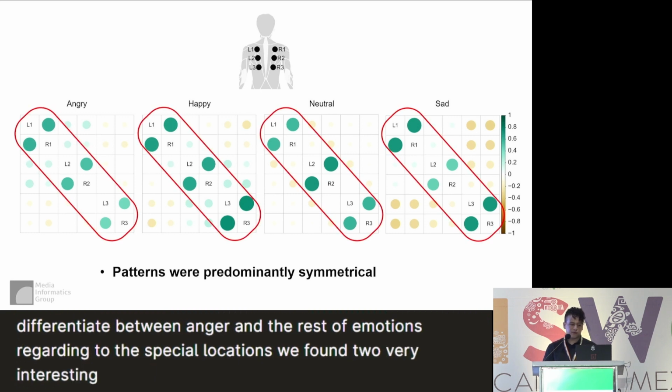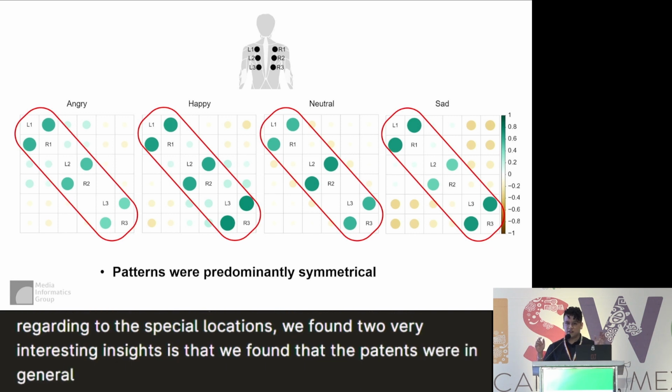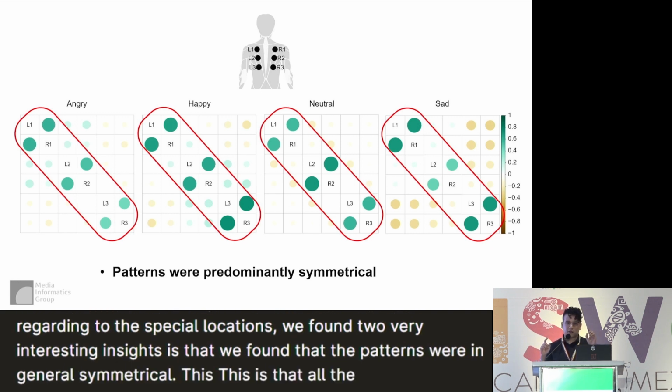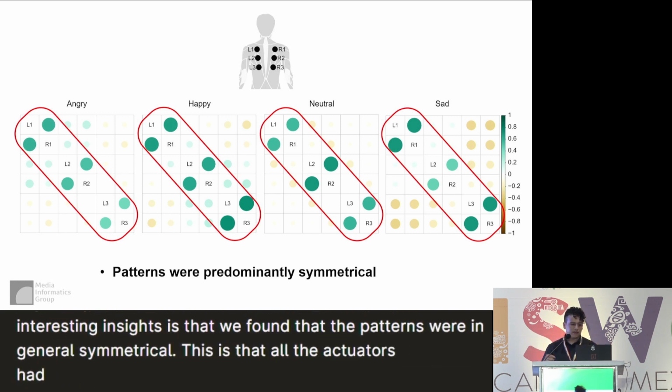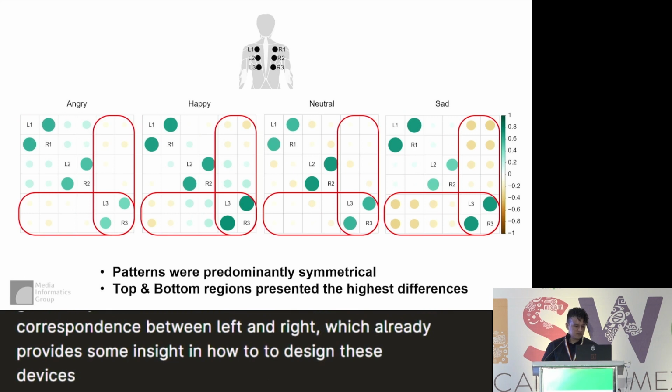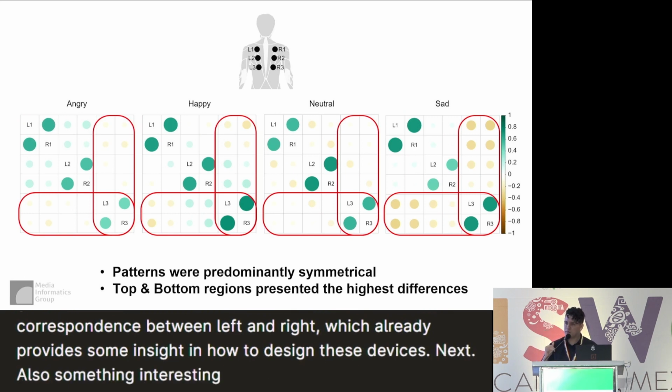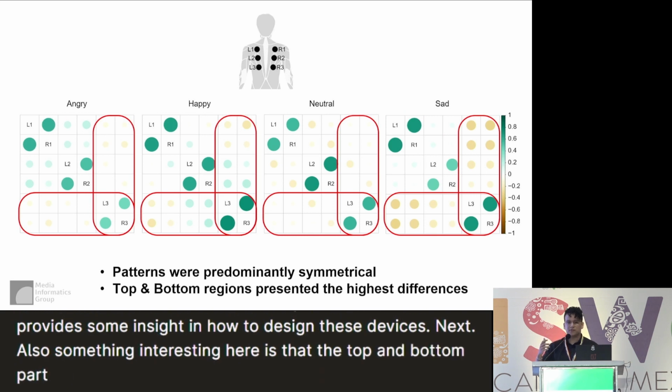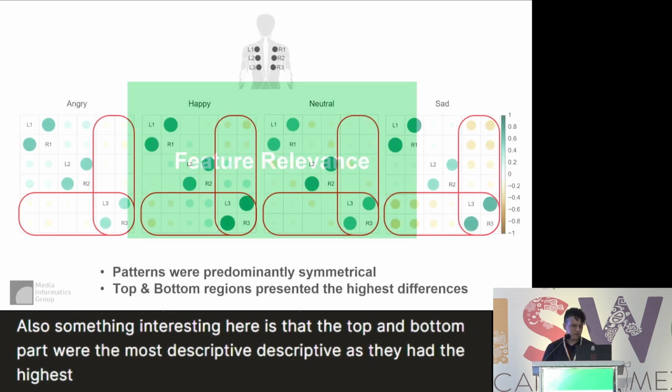One is that the patterns were in general symmetrical: all the actuators had a correspondence between left and right, which already provides some insight into how to design these devices next. Also, the top and bottom parts were the most descriptive, as they had the highest difference in patterns.